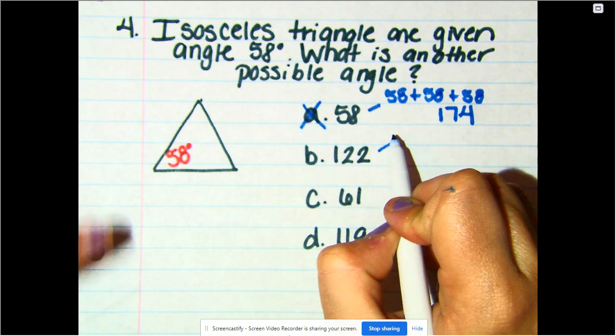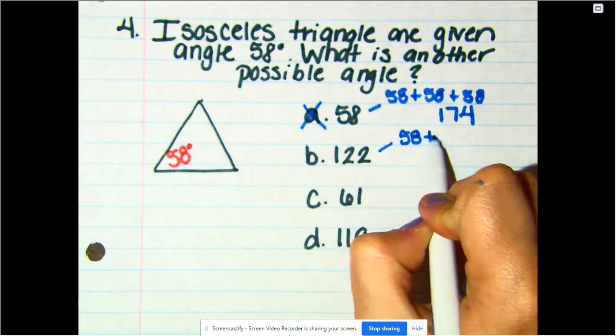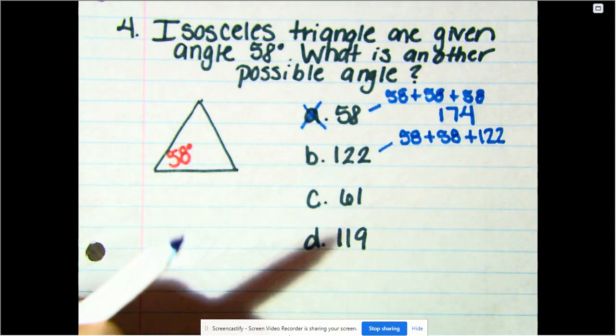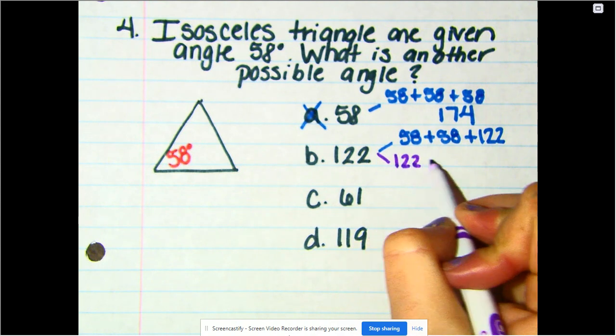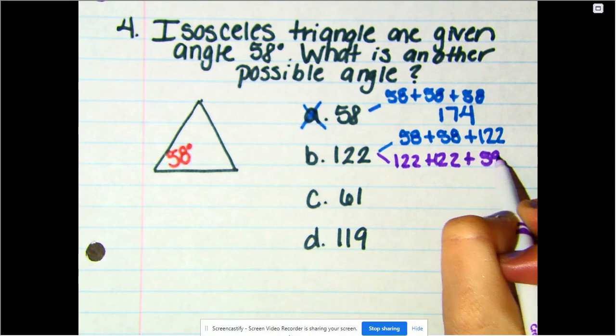Next we're going to try 122. So option 1, let's say 58 is the one that is repeating. So 58 plus 58 plus 122, or 122 is our repeating angle, and 58 is the one that is missing.